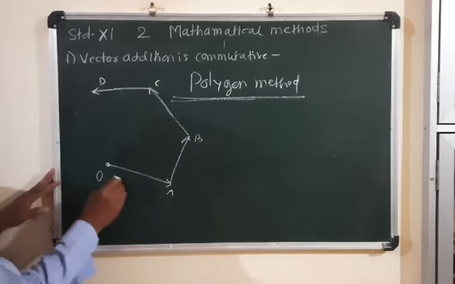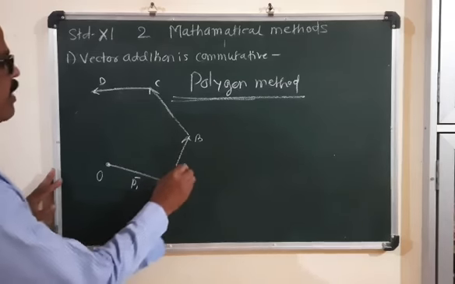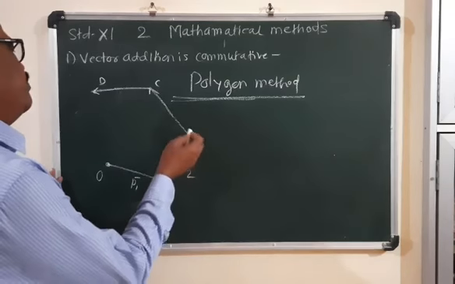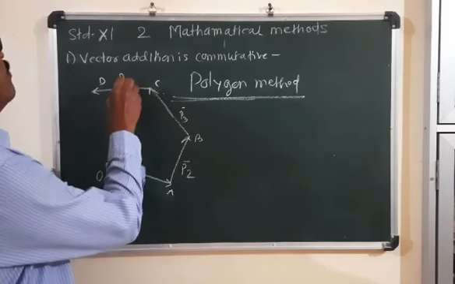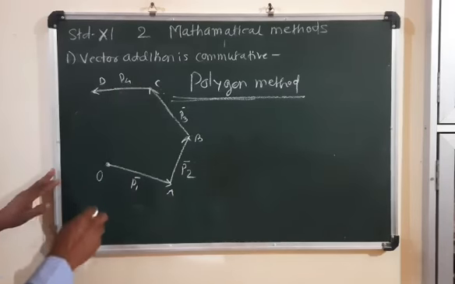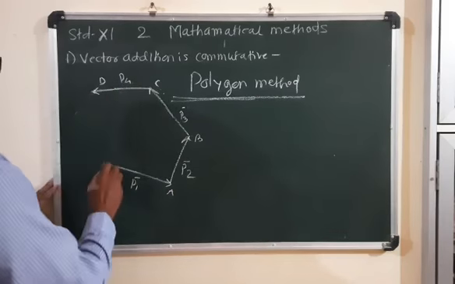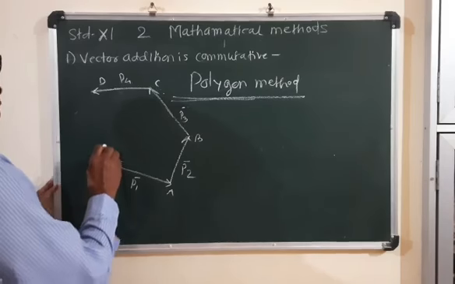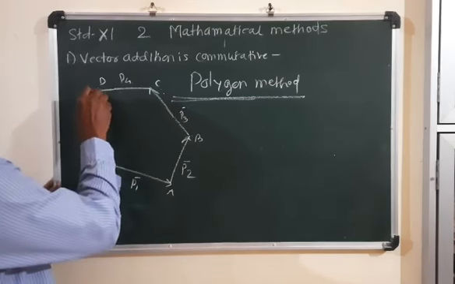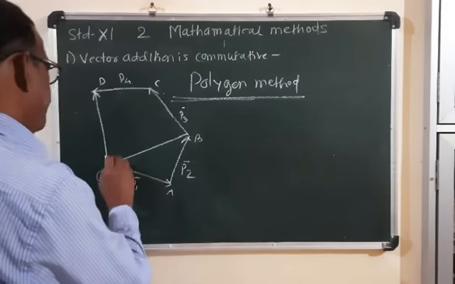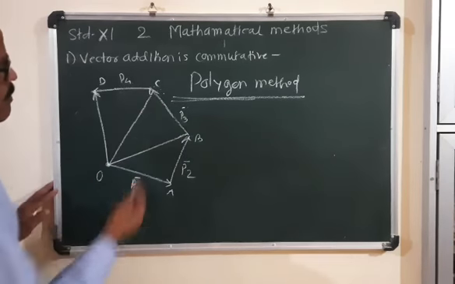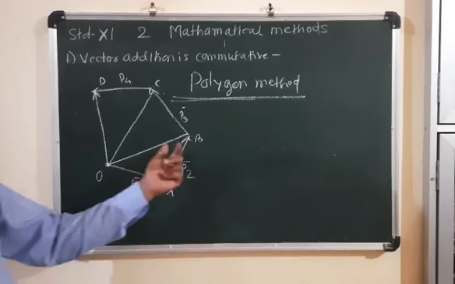The vector OA is called P1 bar, AB is P2 bar, BC is P3 bar and CD is P4 bar. Then complete the polygon by joining the points O and D, which is the incomplete side of the polygon. Also we can join OB and OC.